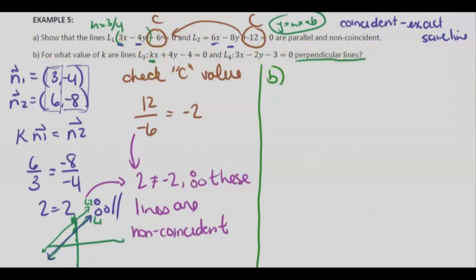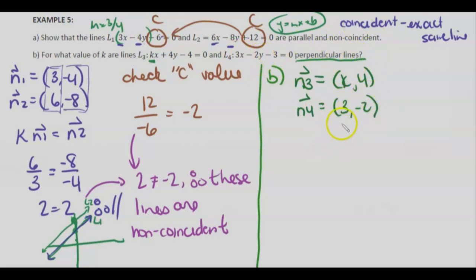This k value is what we're going to be solving for. So we want to focus on the normals. Normal 3 is (k, 4), and normal 4 is (3, -2).